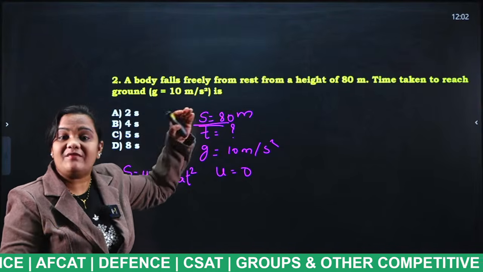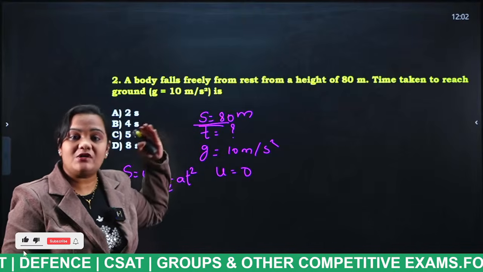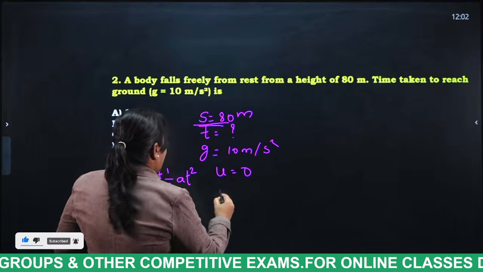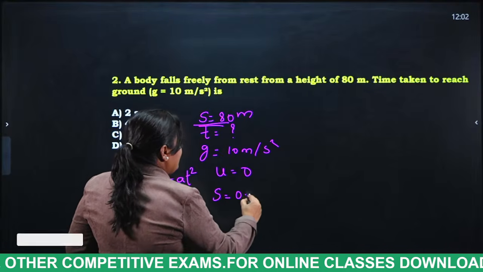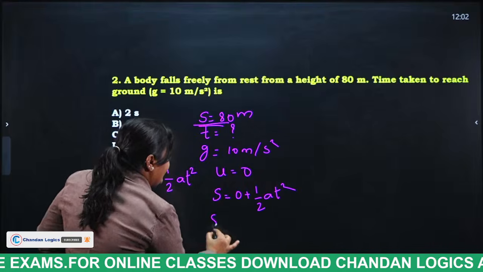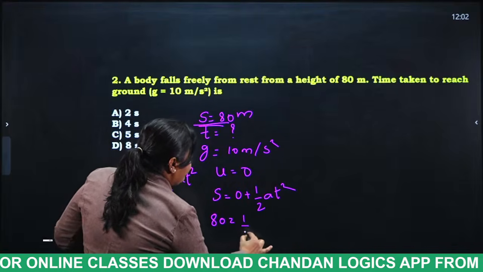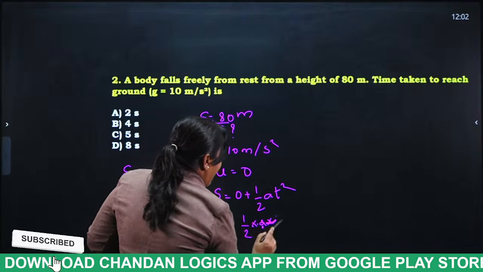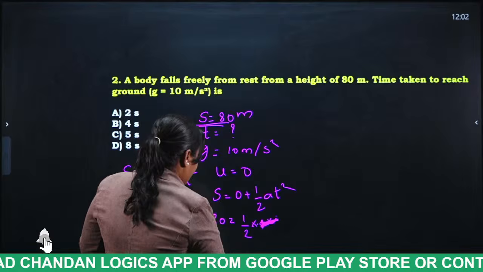That means the initial velocity is 0. From this you will get S = 0 + 1/2 at². What is S here? 80 = 1/2 into A into T², and what is acceleration due to gravity? Wait a minute.